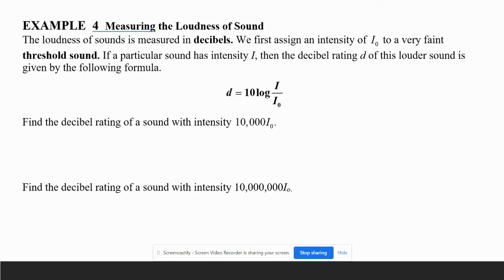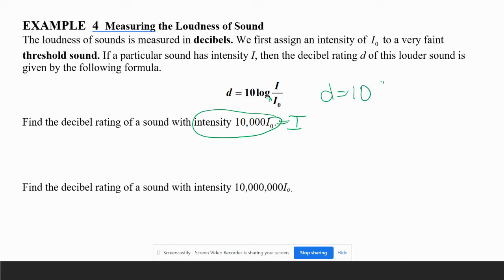Another way that we can use logs is if we're talking about the loudness of sound in decibels. We have 10 times log, and again, this is base 10 because I have nothing else written there, of the intensity over the initial intensity. So the intensity here, or I, is going to be 10,000 times the initial intensity.